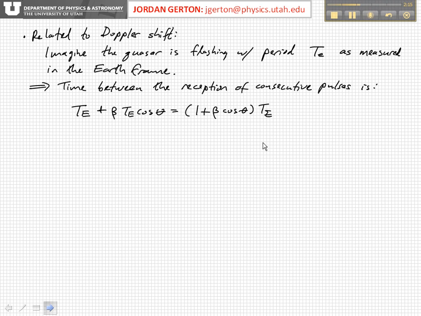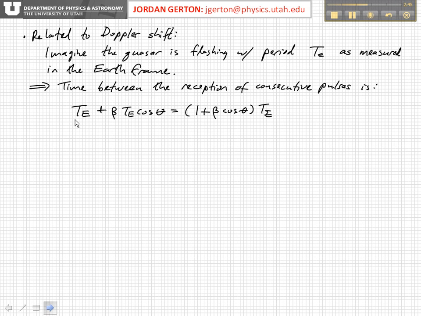This is the Lorentz, or the time dilated period of flash emissions, as measured by the Earth observer. Okay, so the time between the reception of consecutive pulses, as we discussed when we derived the Doppler shift, is just this period, this time dilated period. Here I'm not putting in explicitly the time dilation, because as we'll see, it doesn't matter, it drops out.